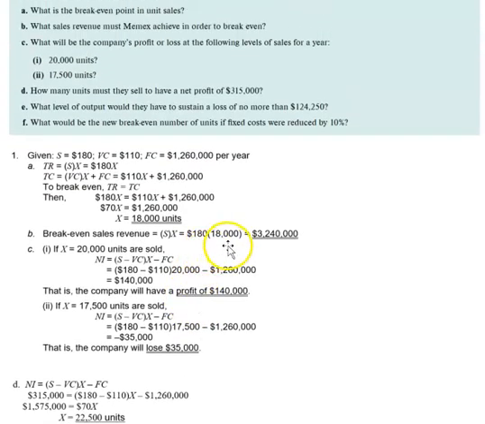Let's have a look. What would be the new break-even number of units if fixed costs were reduced by 10%? Okay, so as you know, on a day-by-day basis, fixed costs do not change. It is what it is, okay? However, say the sales manager quit, moved on to a different job, and then you hired a new sales manager.